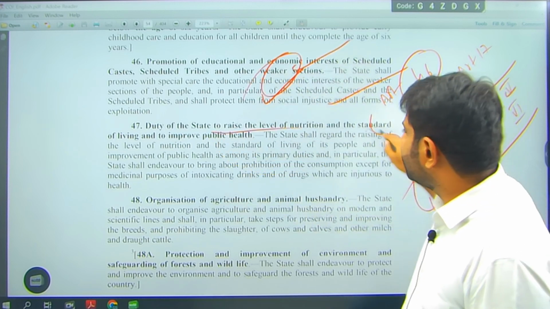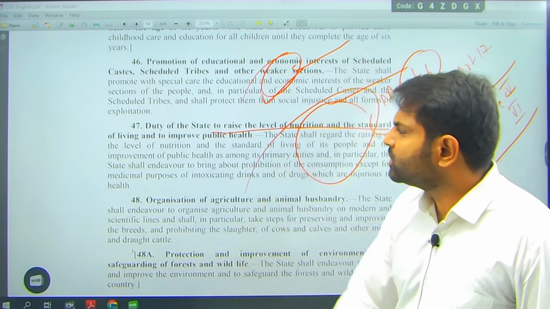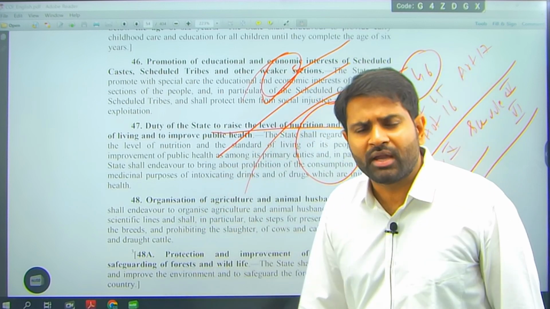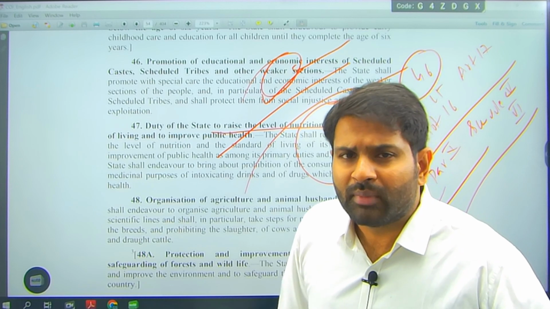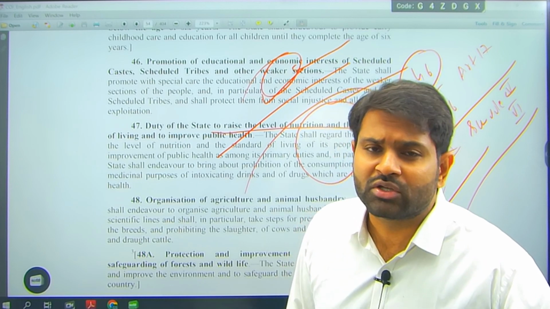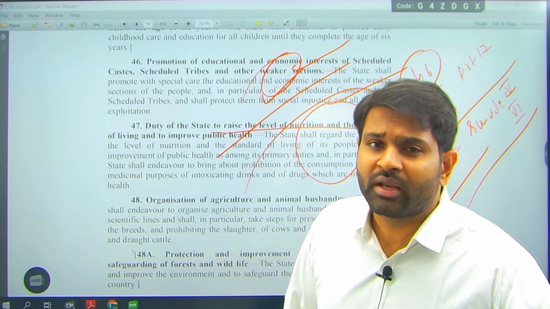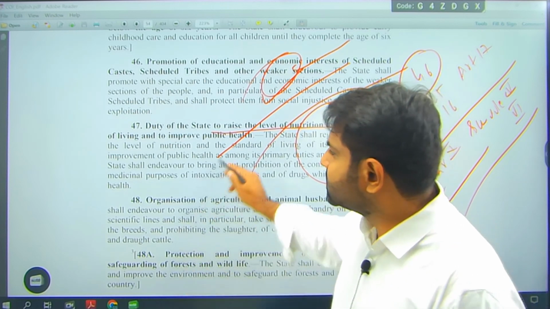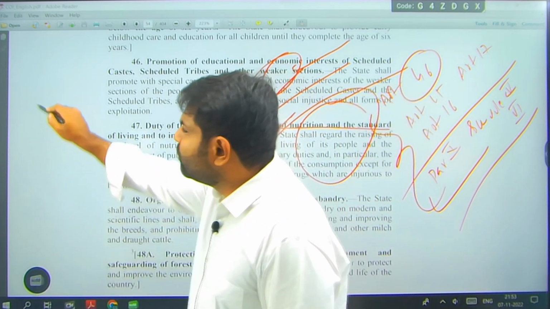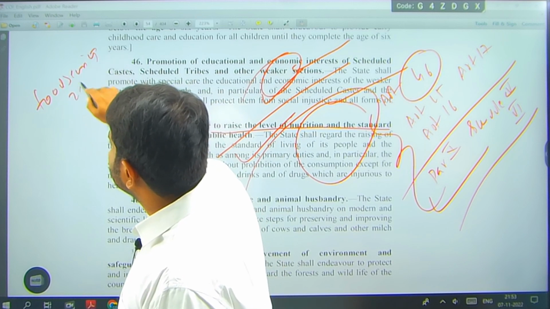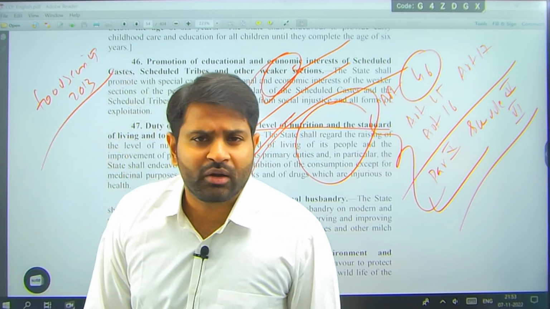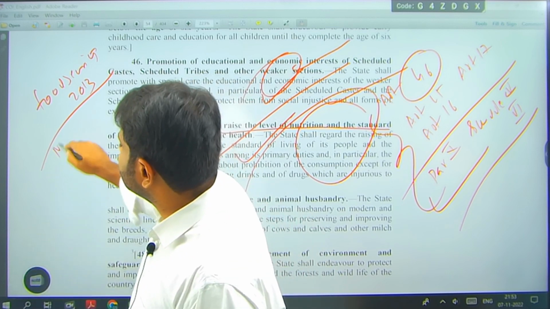Article 47 is talking about raising the nutrition of poor people. As I said, Poshan Abhiyan is very important, but Poshan Abhiyan is available only to children and mothers or lactating mothers. Poshan Abhiyan is not available to everyone. If Poshan Abhiyan is made available to everyone, that is nutrition for all. We do have food security in India according to the National Food Security Act 2013, but we don't have nutritional security.